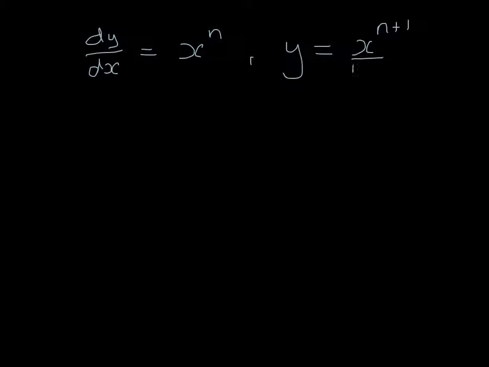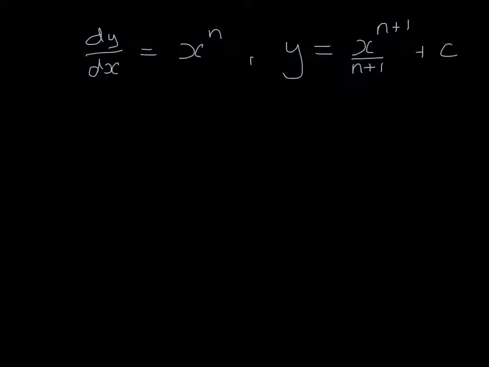The general rule that we would have for antidifferentiation would be if we had our dy dx equal to x to the power of n, then y would be equal to x to the power of n plus 1, all divided by n plus 1, plus c.